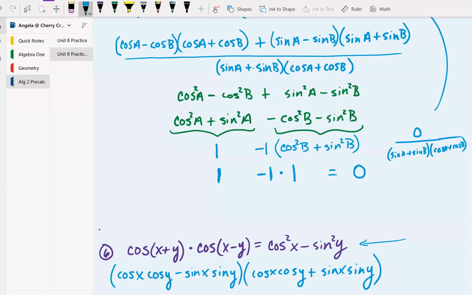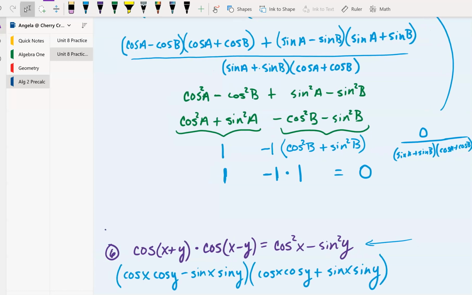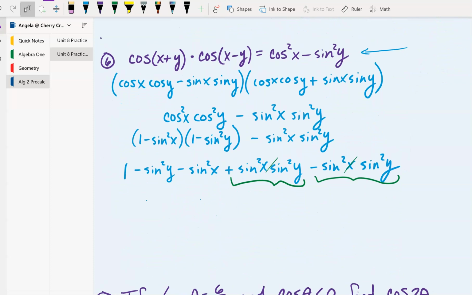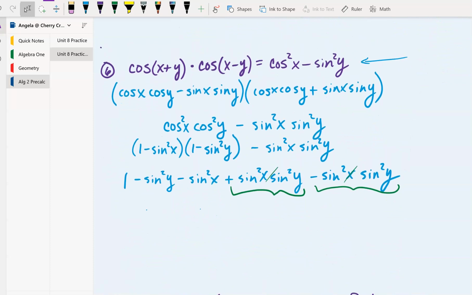an expansion of cosine of x plus y and cosine of x minus y using your identities. So cosine x cosine y, sine x sine y, and then cosine of x minus y expands to be this particular value right here. We're going to move it on up and talk through this particular problem, and then we'll continue on to the next one.